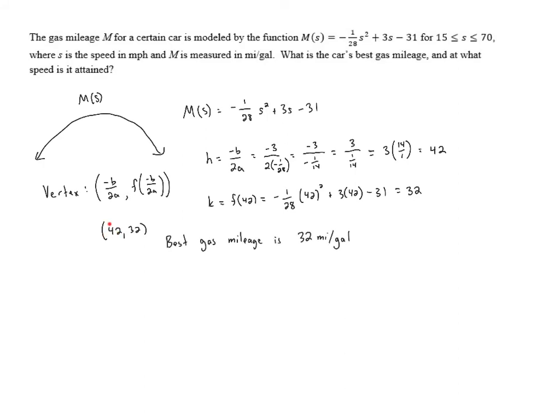And the x-coordinate is the input value that corresponds with that. In our function, the input value is speed. So 42 miles per hour is the speed that gives us this best gas mileage. So the best gas mileage is 32 miles per gallon attained at a speed of 42 miles per hour.